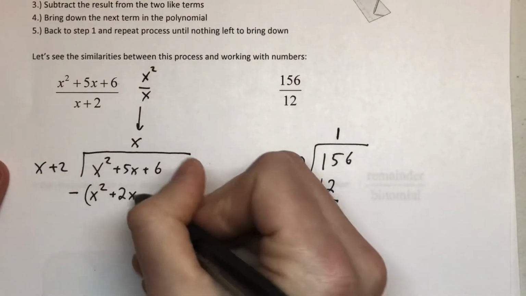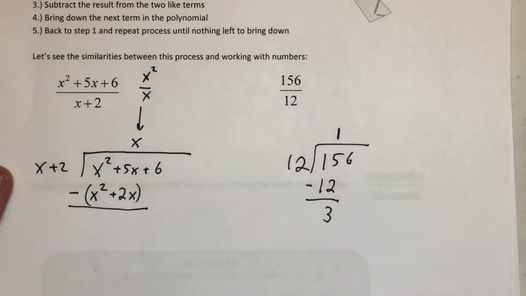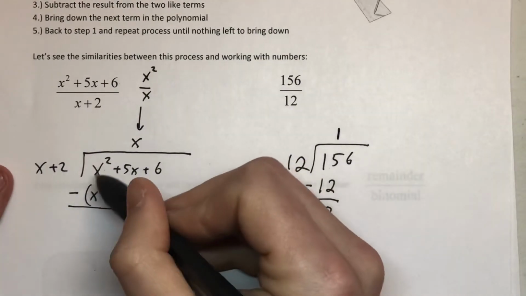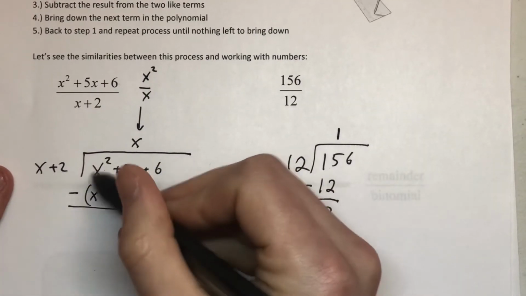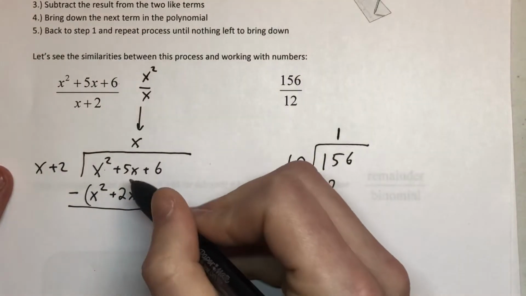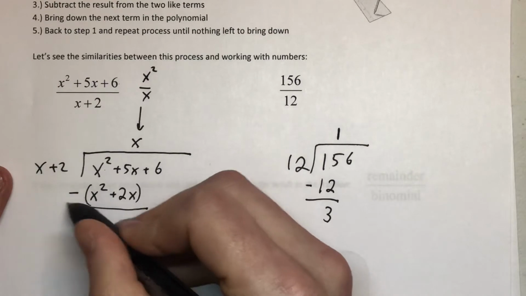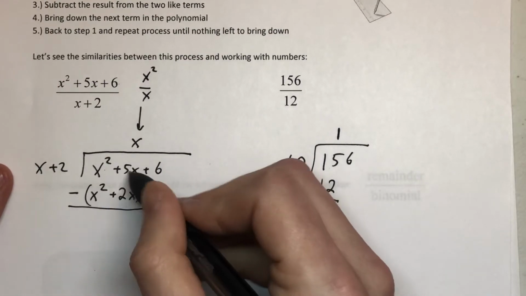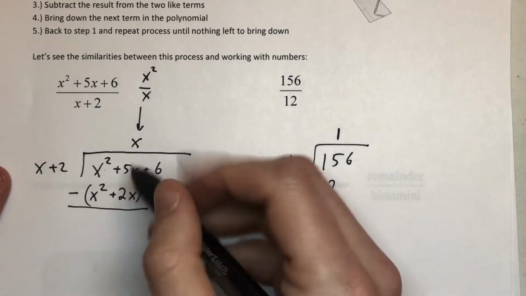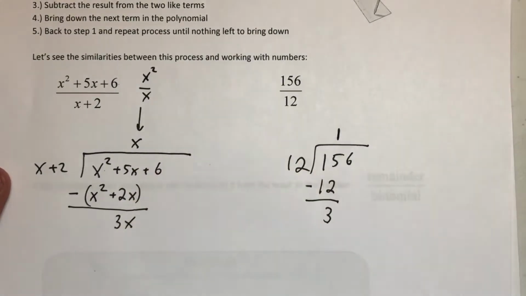I always put a minus sign in parentheses and a result bar to show we're subtracting down both columns. x squared minus x squared is going to go away, right? Those are like terms. 1x squared minus 1x squared is gone. Here, 5x, but then you got to bounce over to the minus sign. 5x minus 2x, right? 5 minus 2 is a 3, so that's going to be a 3x left over there.